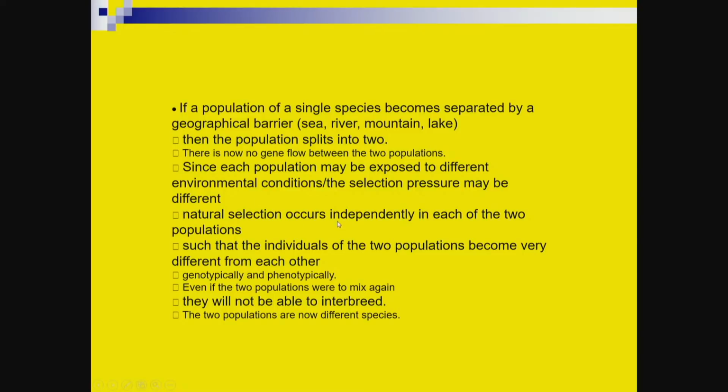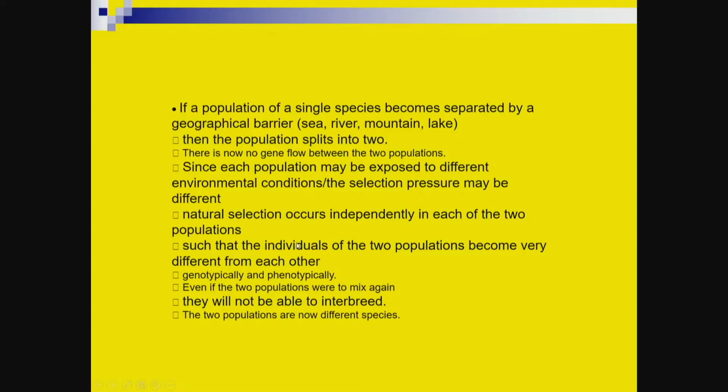Natural selection acts independently, whatever the natural selection may be on each island, and they are phenotypically and genotypically different. Two populations were mixed together again. When we bring the emu and the ostrich together again, they cannot interbreed and produce fertile offsprings, and they become separate species now, namely emus and ostriches.